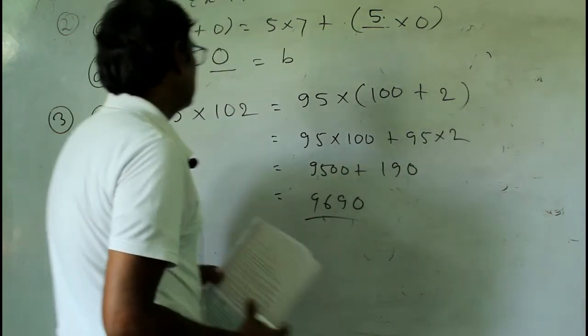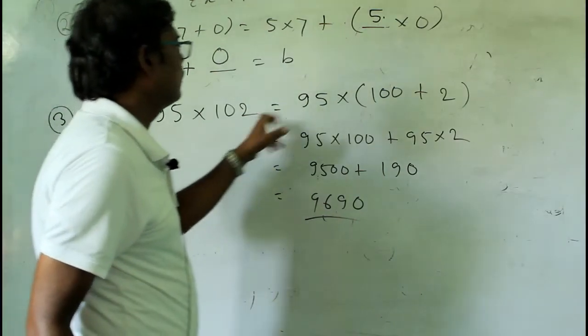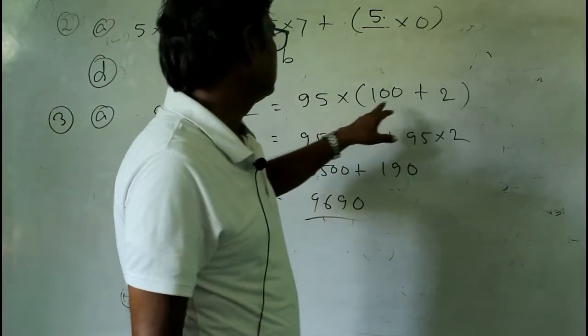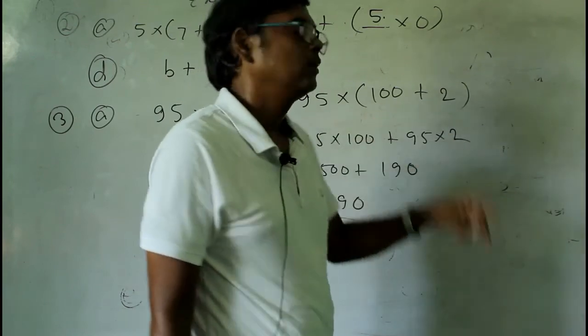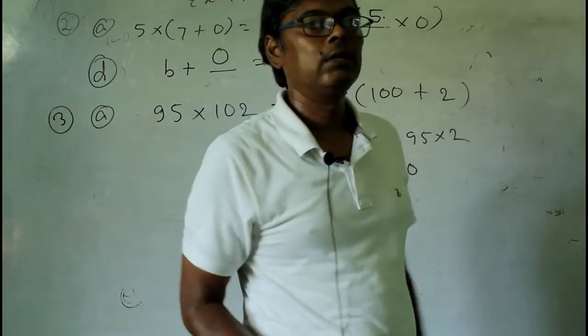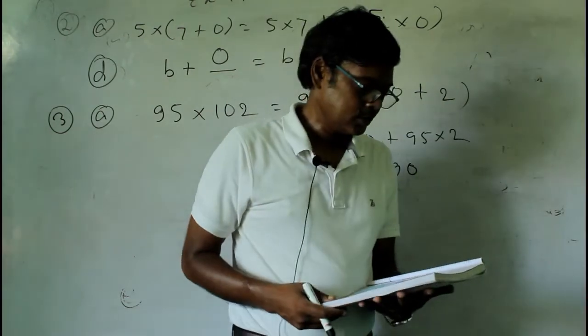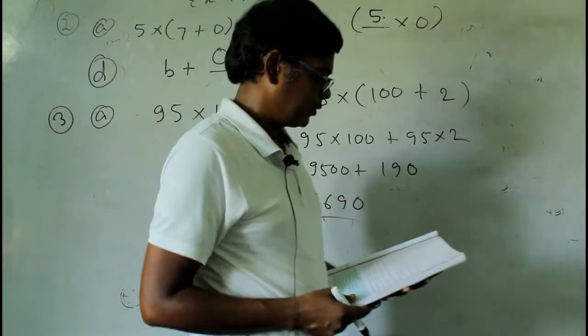So this is the answer of this question. Okay, you can solve like this. You can split this 102 like this, 100 plus 2, so that we can use the distributive property of multiplication over addition.